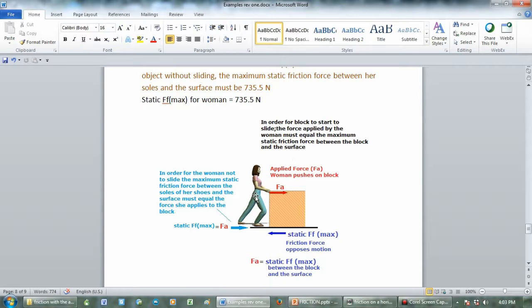So, in order to overcome the maximum static friction force of the object and the surface, she has to apply the same amount of force, which also has to be the maximum static friction force between the soles of her shoes and the surface to keep her from slipping.